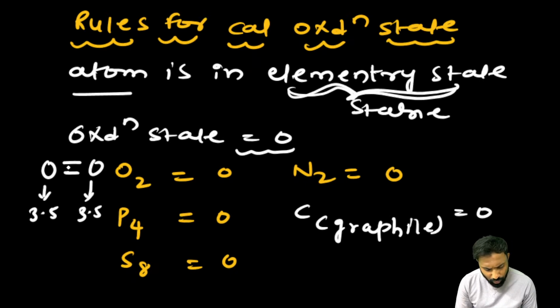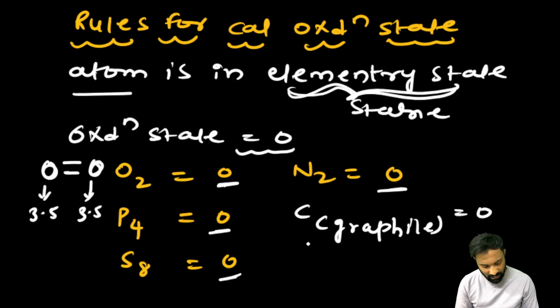So there is no difference in electronegativity between them, and the electronegativity difference will be 0. Means there is no higher electronegativity atom to drag the electrons. When there is no chance to drag the electrons, neither is getting any electron. That's the reason in the stable state, oxidation states are 0.